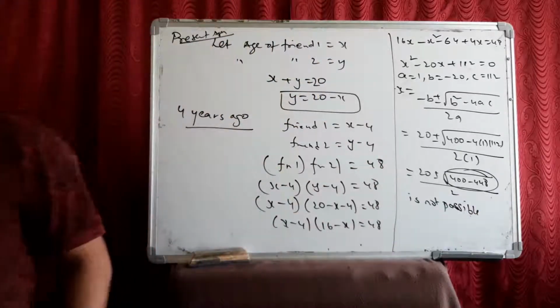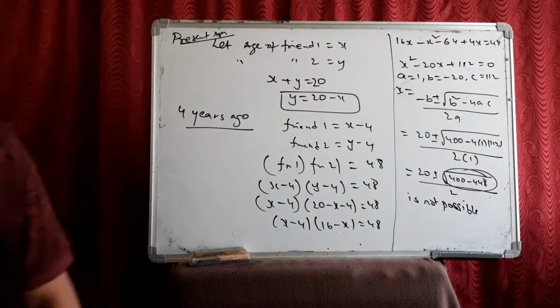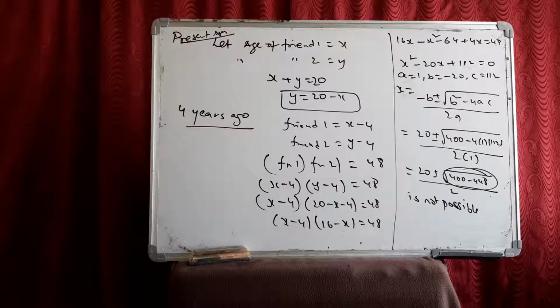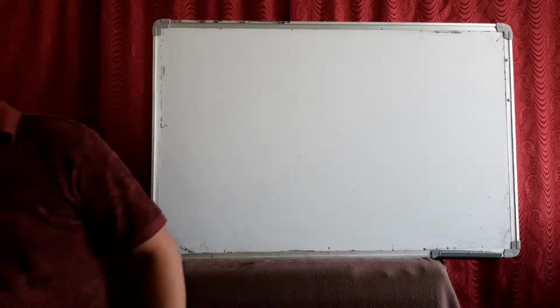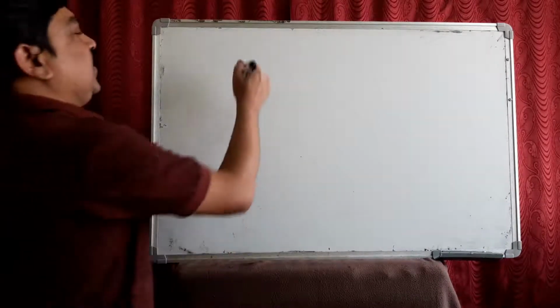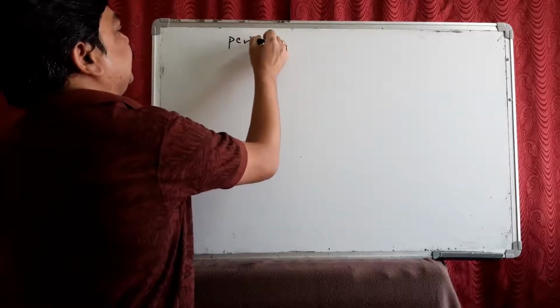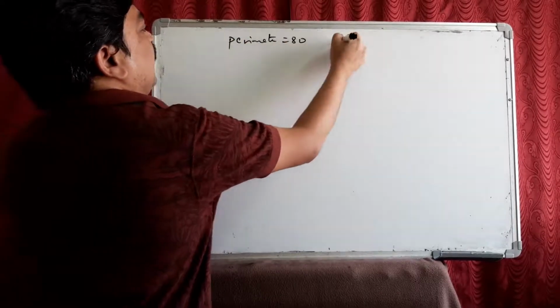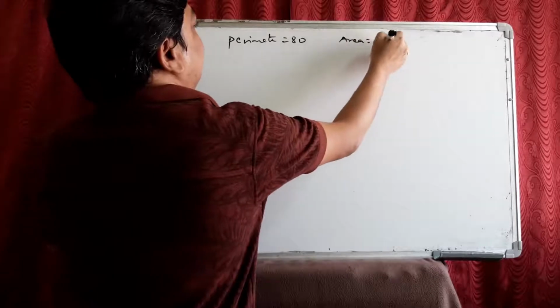Right? The last question. Is it possible to design a rectangular park of perimeter 80 and area 400 meters? Let us see. Perimeter is 80, area 400. Let us check.